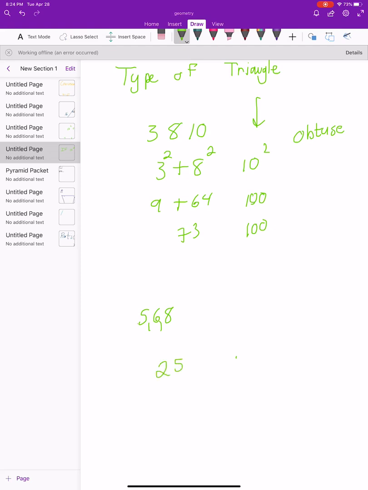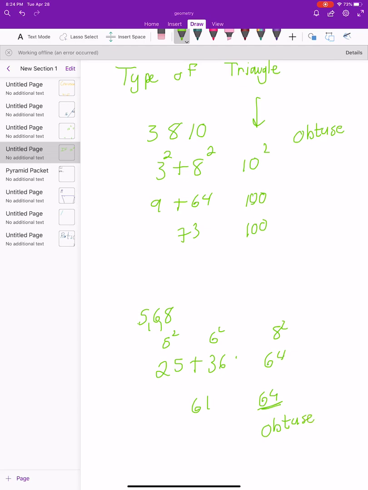That's my small one, plus 36 and 64. So that's 5 squared, 6 squared, 8 squared. Let's see. So 25 and 36, that adds up to 61. This is 64. So how about that? We get another obtuse triangle because this is larger, so it's going to be obtuse.